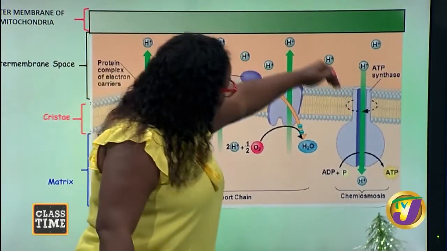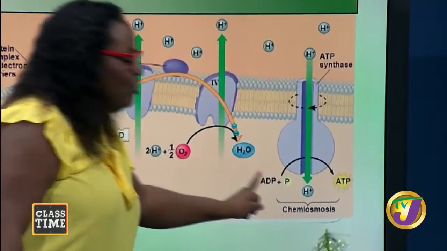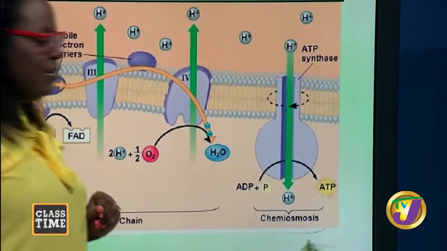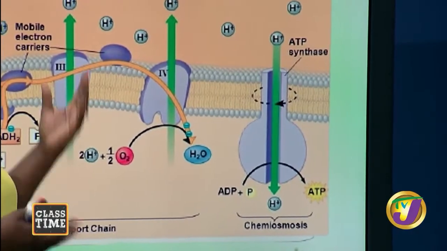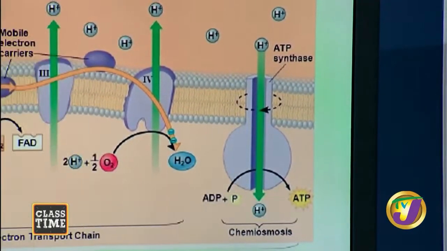As the hydrogen passes through the ATP synthase, which is a protein, an enzyme, it allows something to spin in the ATP synthase and allows for the formation of ATP.